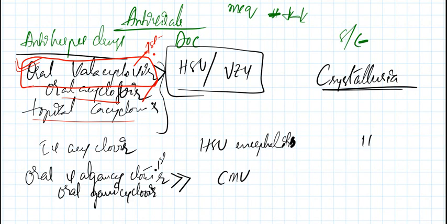If it is in the options, you tick oral valganciclovir. Remember, in a simple statement, oral valganciclovir is superior to oral ganciclovir. Okay, remember this. Anyhow, these two drugs can be used as drug of choice in CMV, cytomegalovirus infection.